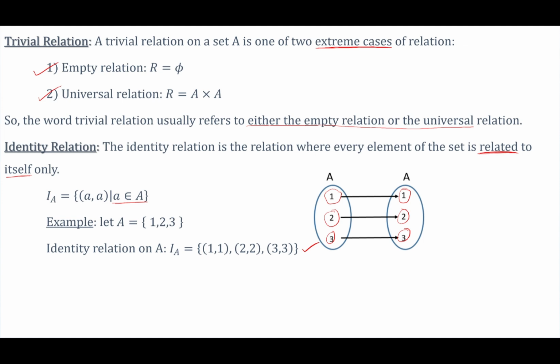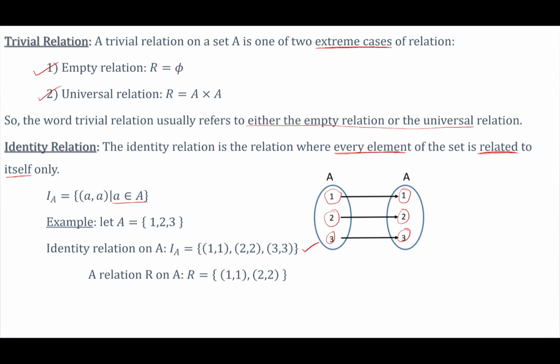Keep remembering, identity relation is a relation where every element is connected with itself only. Then only it is an identity relation. Example: a relation R on A, R equals {(1, 1), (2, 2)}.